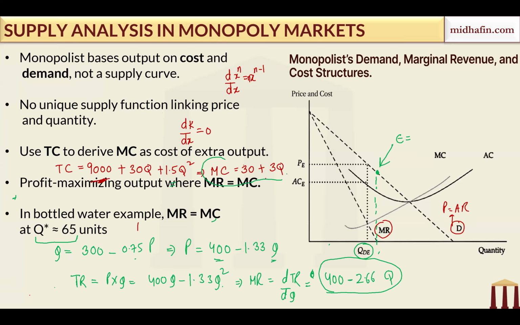So just equate them and tell me what is the quantity you are getting. So I'm writing once again, marginal revenue is equal to marginal cost. Tell me what you are getting as q.